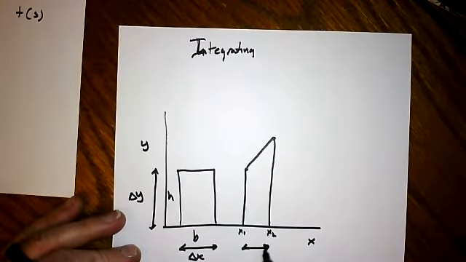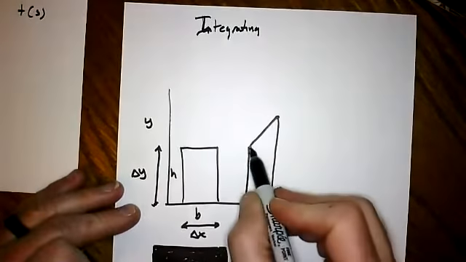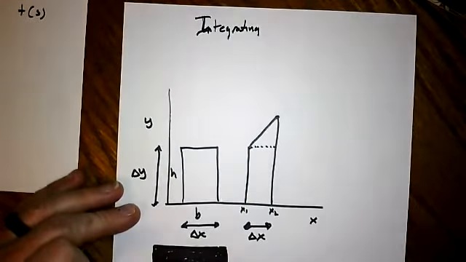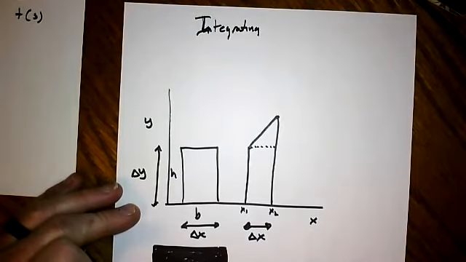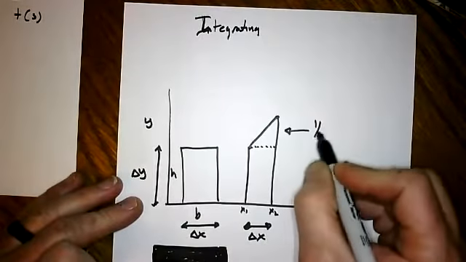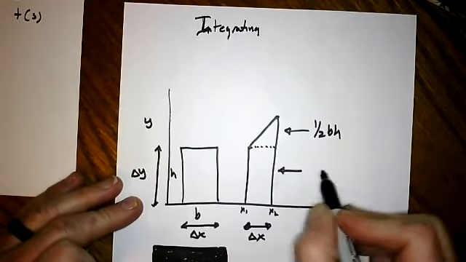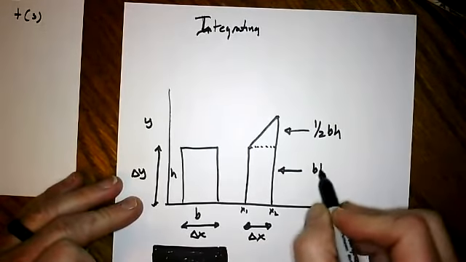This is still delta x, but now I've got a trapezoid, all right? And let's just do it the long way. I really have a rectangle with a triangle sitting on top of that. Remember, a triangle is 1/2 base times height, and our rectangle is base times height.